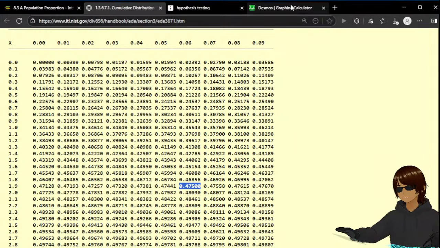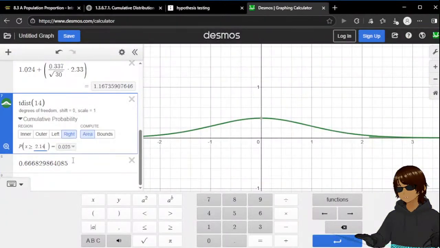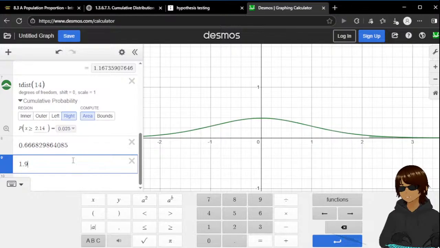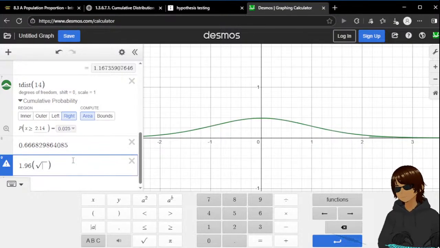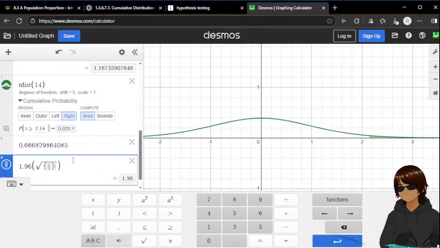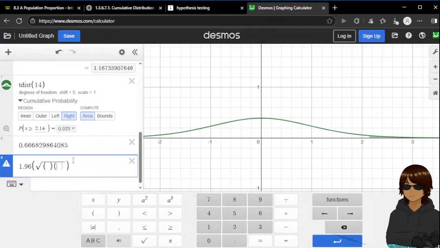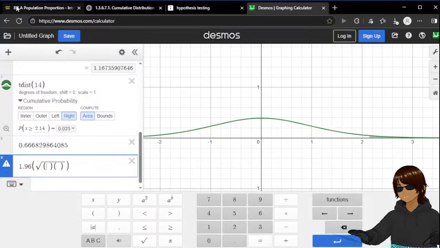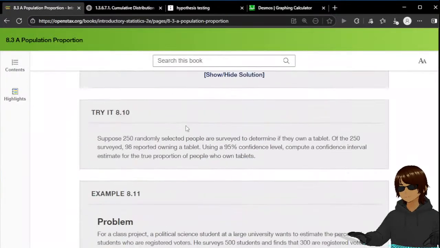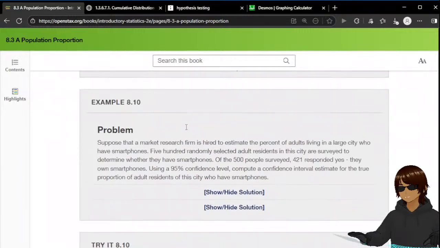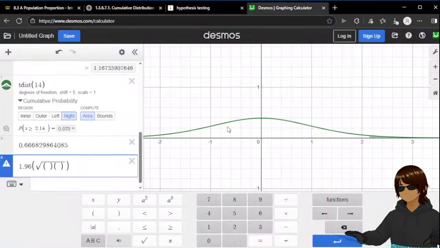So 1.96 times the square root of p times q. P times q. 421 over 500.